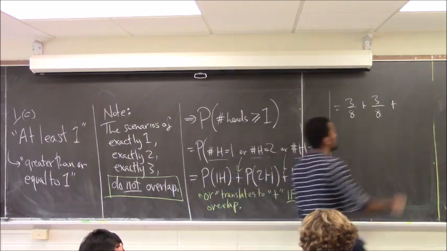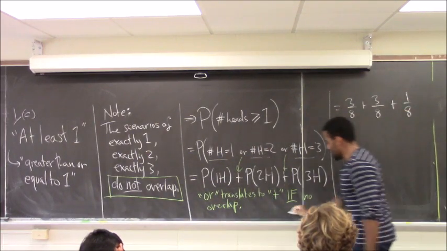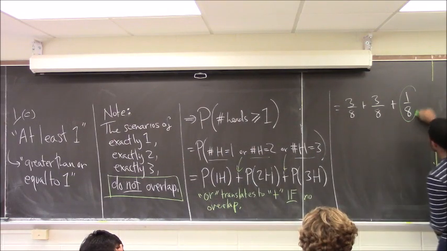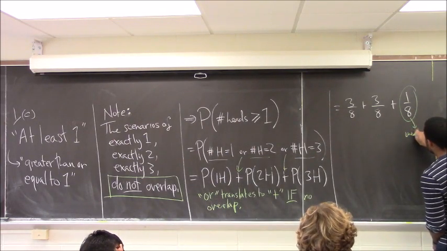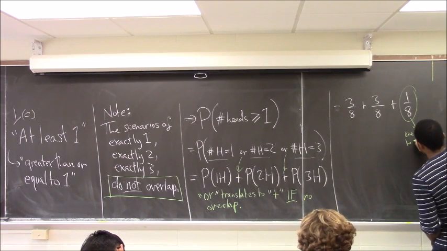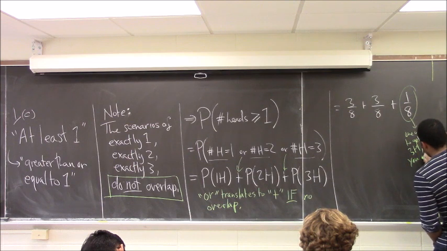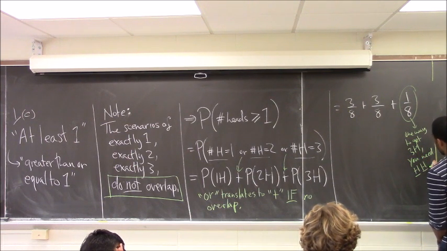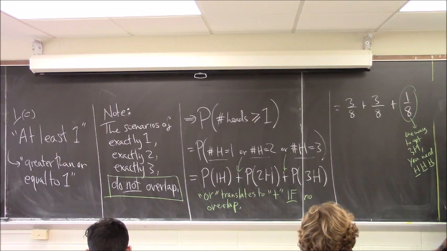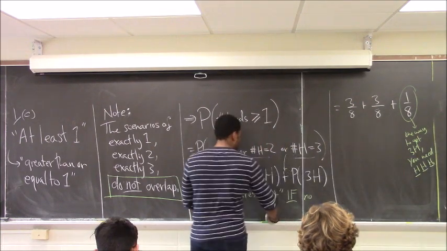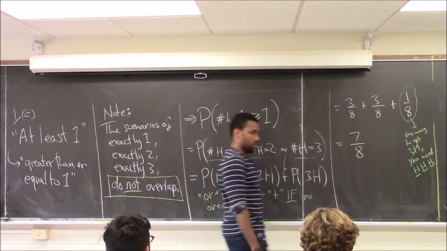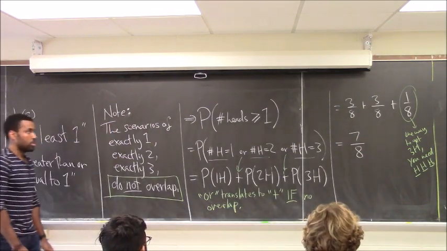You need H in the first stage, H in the second stage, and H in the third stage. And so this is going to be 7 out of 8. It's one way to do it.